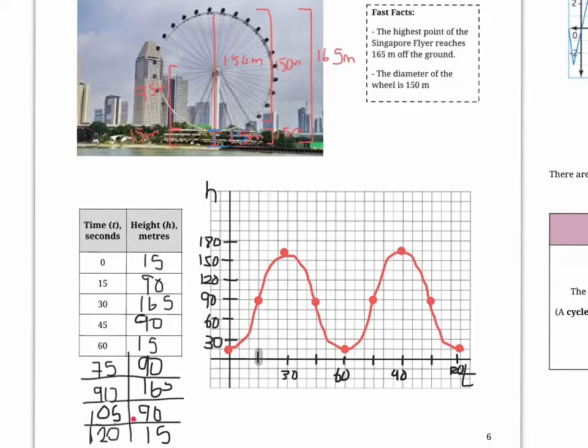That's why I had us graph this 2 times, because this person can go around over and over and over again, and their height is going to follow the same pattern. So it's a function because it passes the vertical line test, and it's periodic because the pattern happens over and over and over again in the exact same way.